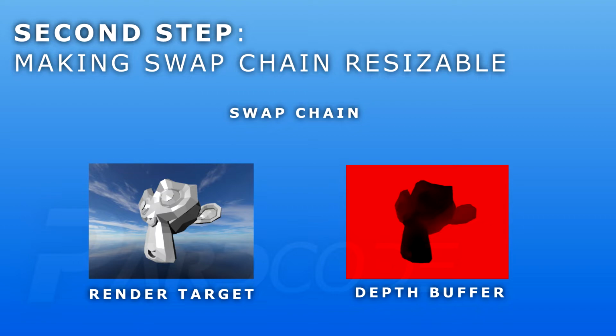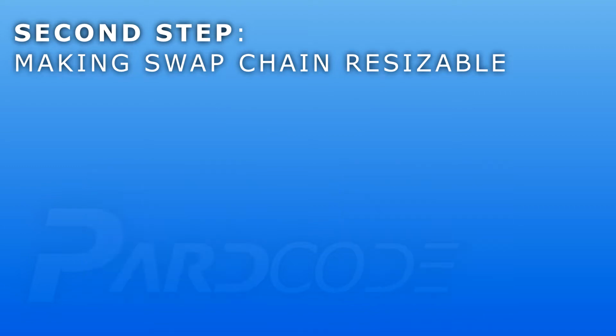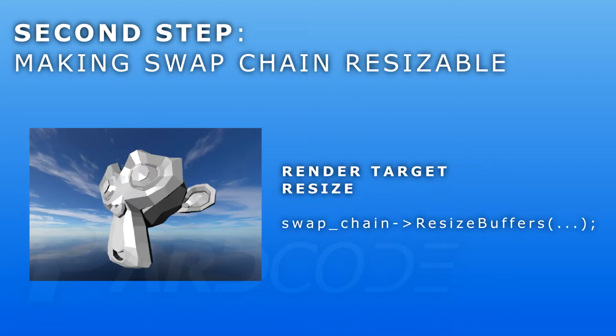And then there is the depth buffer, that allows us to render correctly the various parts of the 3D models, in such a way as to render front parts over the back parts. So, the resize of our swap chain consists mainly of resizing these two buffers. The resize of the render target is already handled by the D3D11 swap chain. We only have to call the ResizeBuffers method.